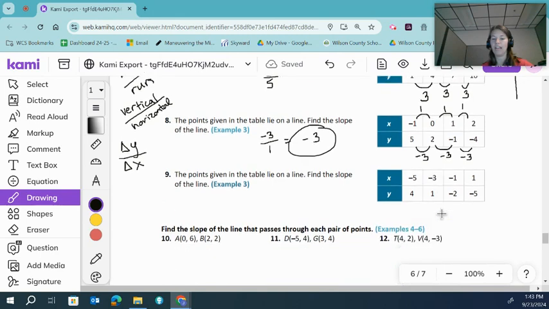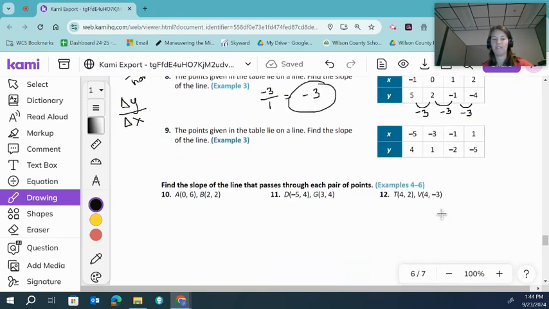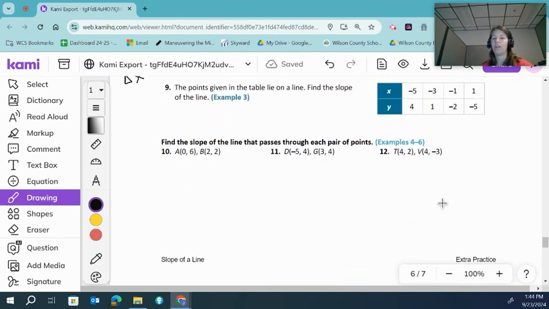Now let's take a look at what it would be like to find slope from 2 points. Again, like I already said, we have x comma y, x comma y. So we are looking at the change in my y values over the change in my x values.